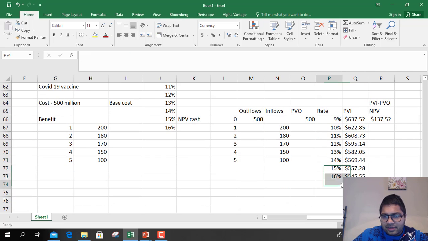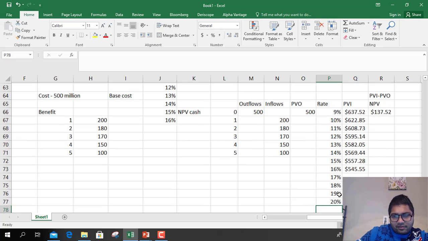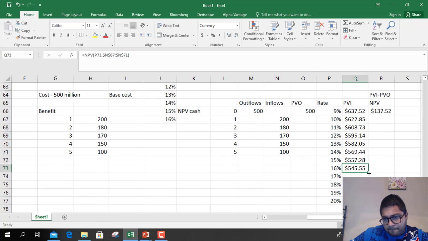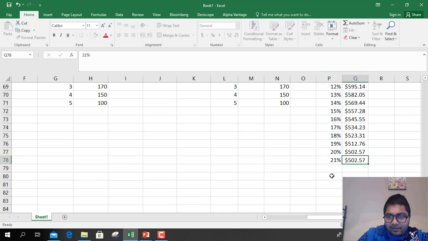so these are NPVs. Let's go a little higher, 17%, 18%, 19%, and 20%, so that it's not going negative, so I'm going even higher.